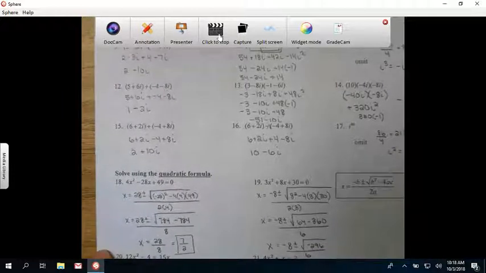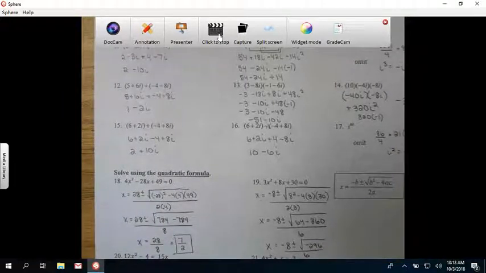So since I have a negative, I know I'm going to have an imaginary number, but I can still break down my 296 into its prime factorization. So if I come over here and do 296 and then divide by 2, 148, and then divide by 2 again, divide by 2 again, and 37 is a prime number.